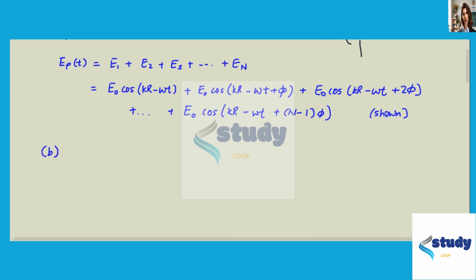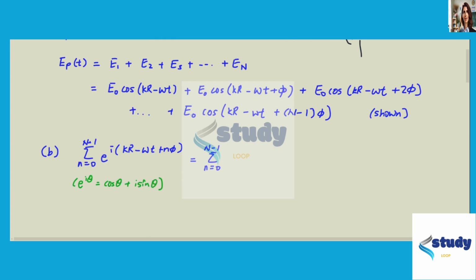we are asked to show that the real part of this summation is equal to EP of t, the electric field at point P. For the first step we will use the Euler formula: e to the i theta equals cosine theta plus i sine theta.